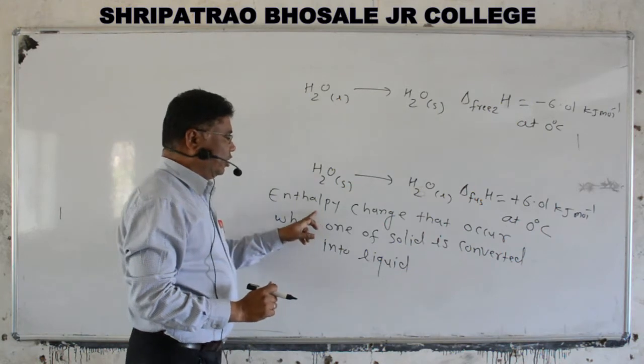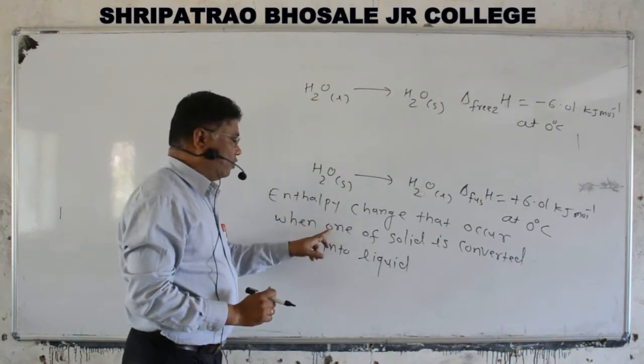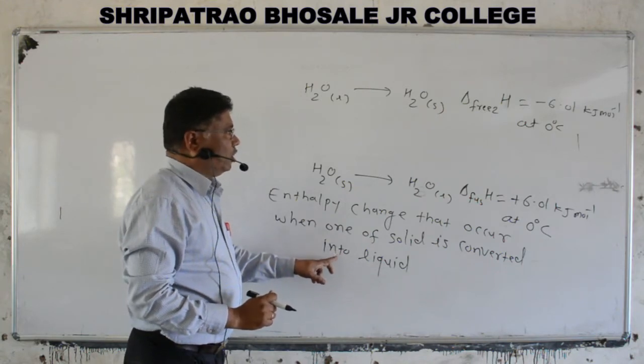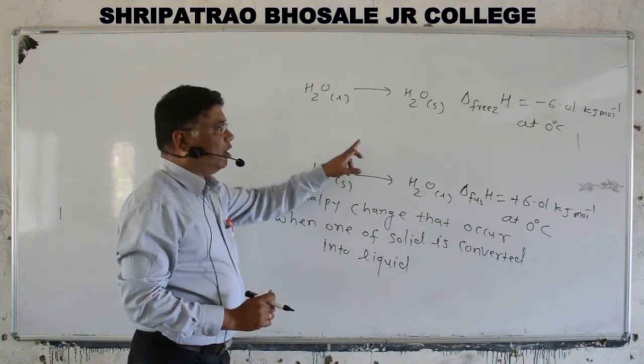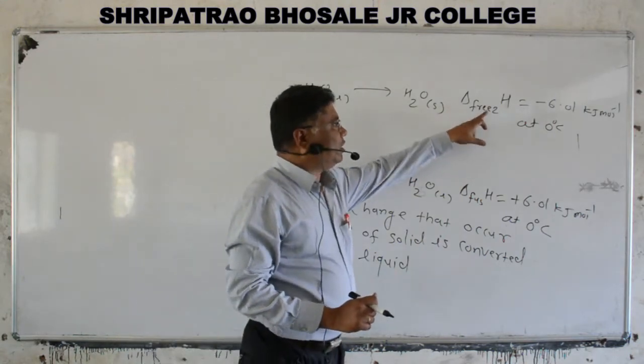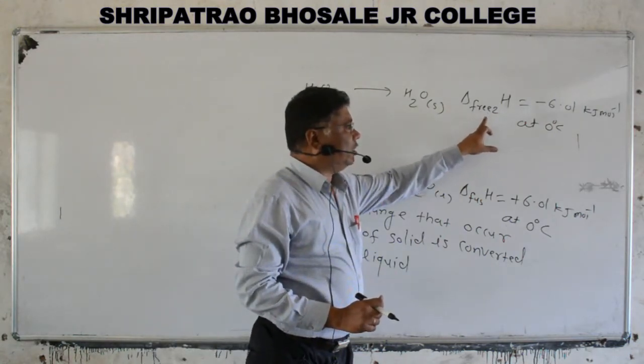Again we can define it: enthalpy change that occurs when 1 mole of liquid is converted into solid is called enthalpy of freezing, denoted as delta H freezing.